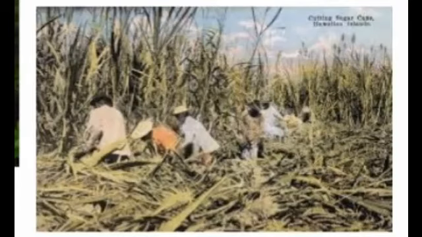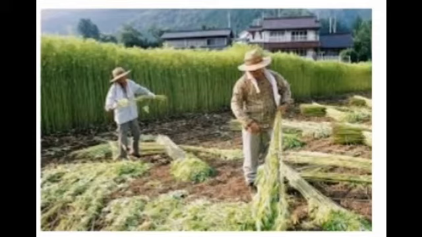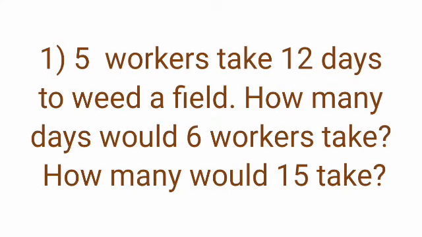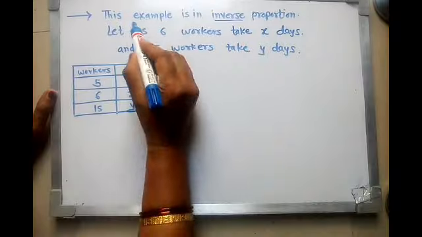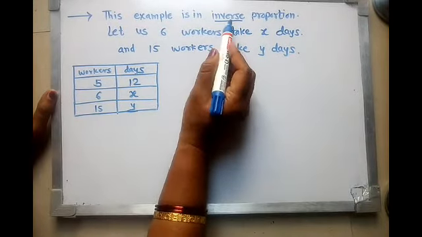The first example is workers weeding a field. 5 workers take 12 days to weed a field. How many days would 6 workers take and how many would 15 take? This example is inverse proportion.